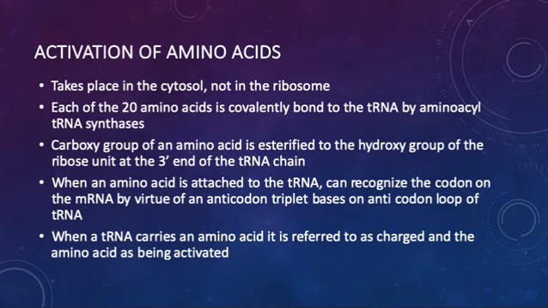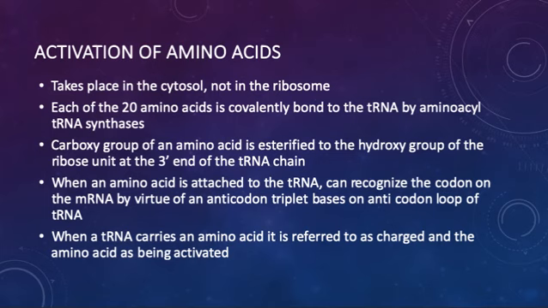So when an amino acid is attached to the tRNA, it recognizes the codon on the mRNA by virtue of the anticodon triplet bases on the anticodon loop of the tRNA. So this tRNA carries an amino acid and is referred to as a charged tRNA, and the amino acid is activated. This whole process takes place in the cytosol.